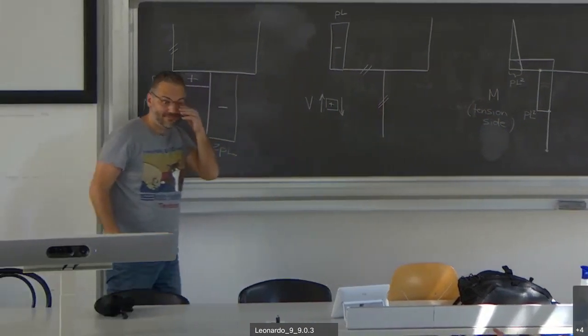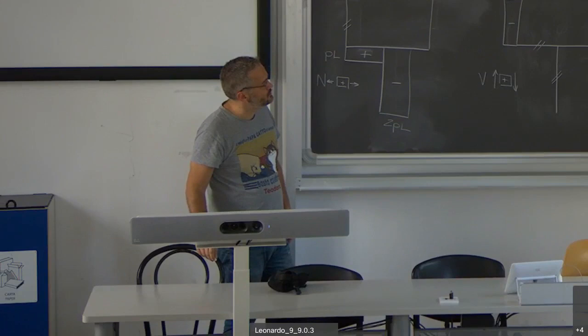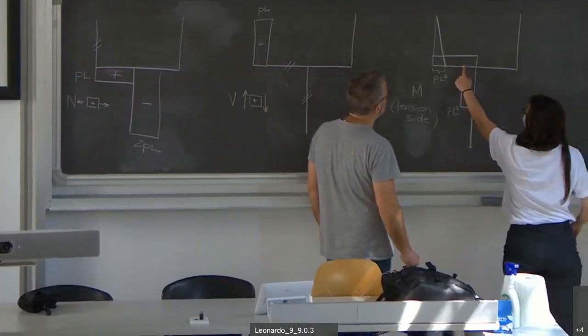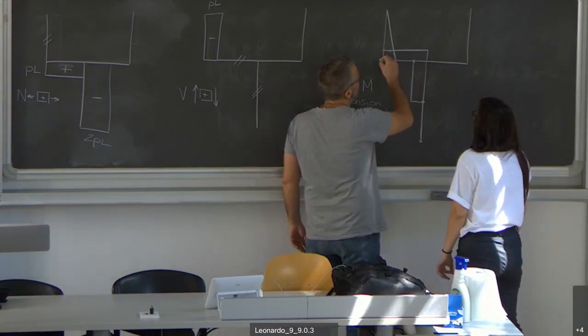But why did we start from the left, on the horizontal beam? Why did you start the moment from there? It's a diagram. It does not have to do with this one.